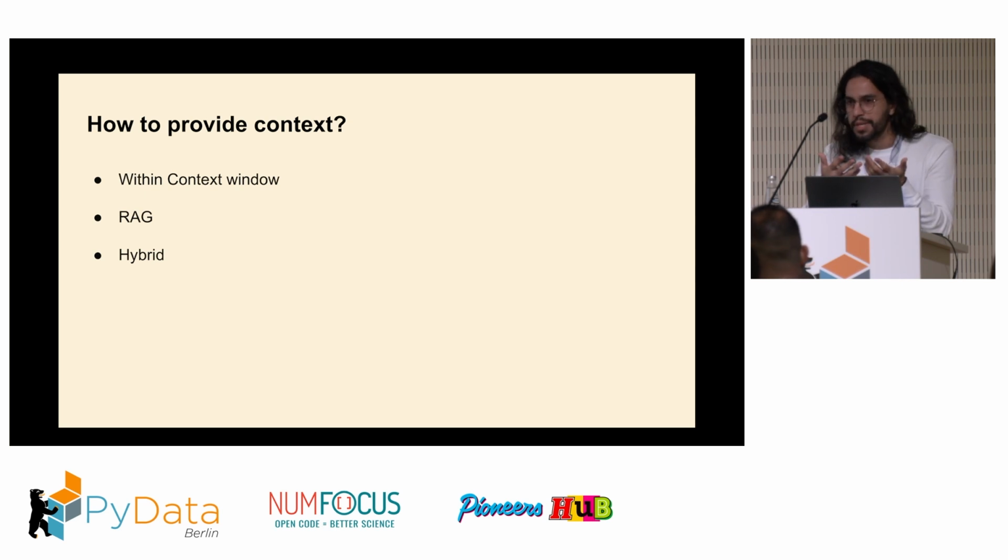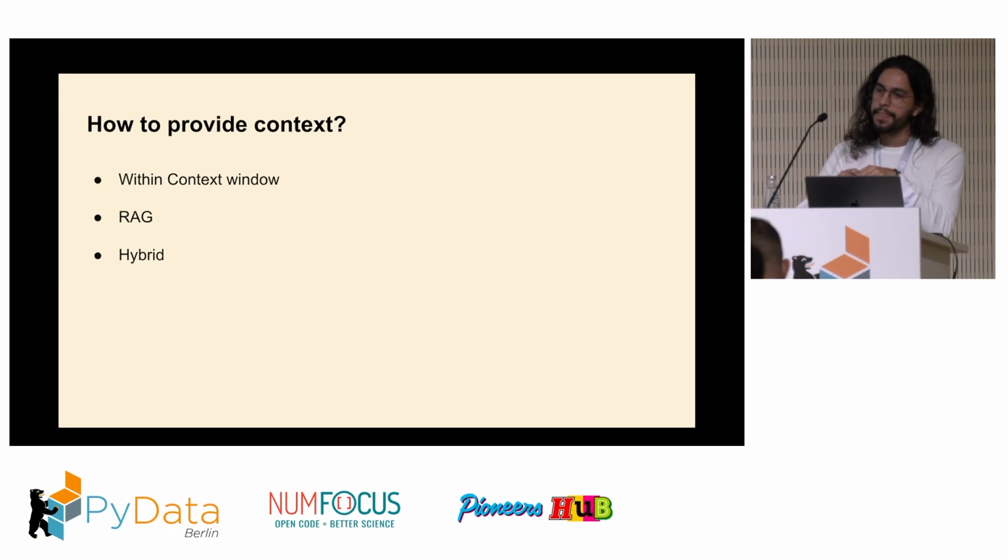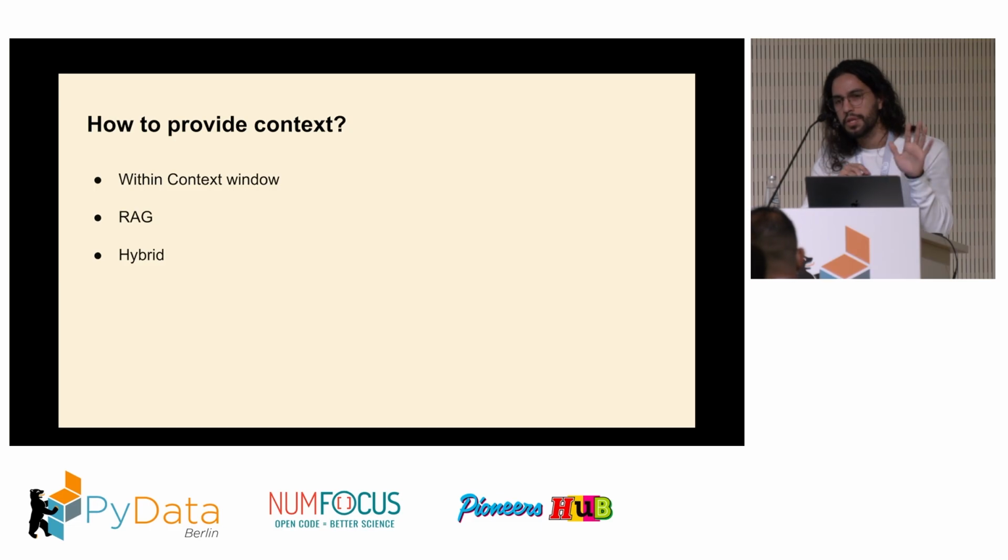One way to add context is that we chunk all the data, examples, and tables, and provide them as embeddings. We create a vector database, and then we calculate the similarity between the user question and the examples in this vector database, and let's say we retrieve the 10 most similar examples.